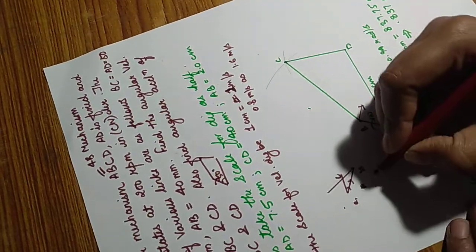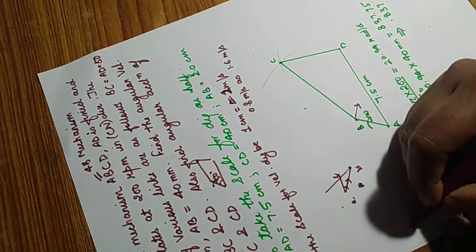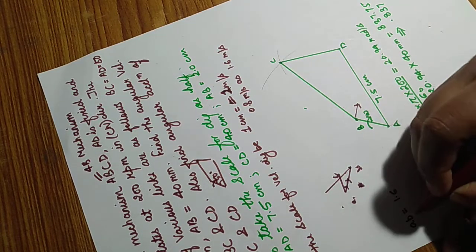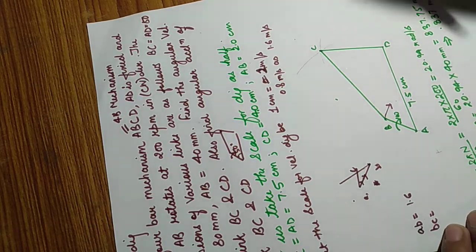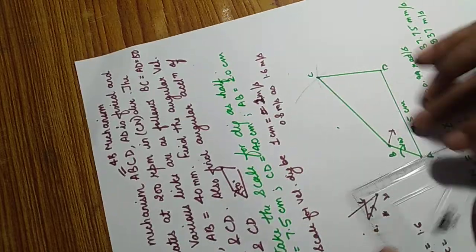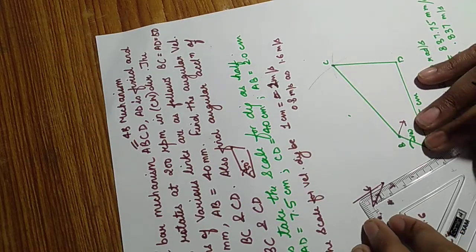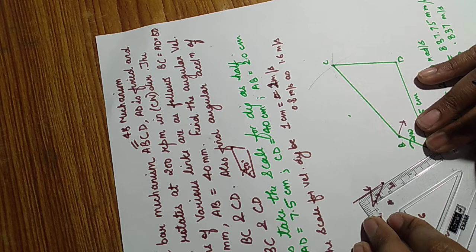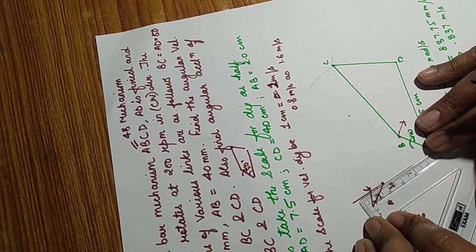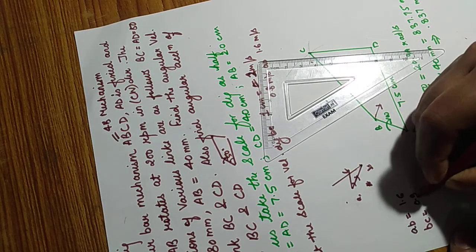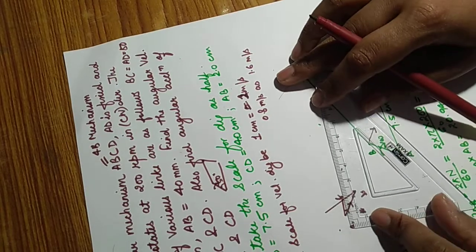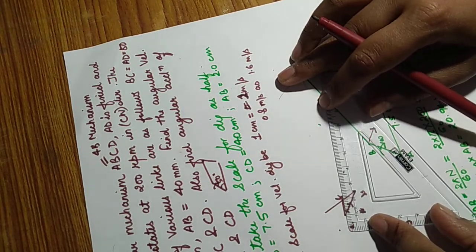Now we are given AB, BC and CD. Small ab is 1.6. BC, let me find it out. It comes out to be 0.9. It is good that we took the scale double because it was quite small.